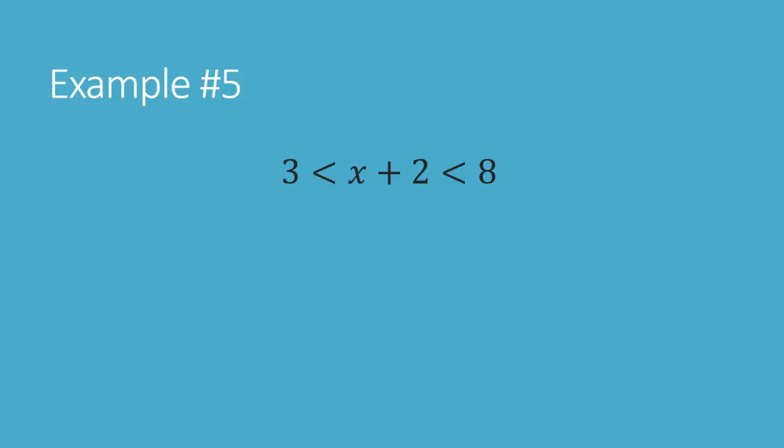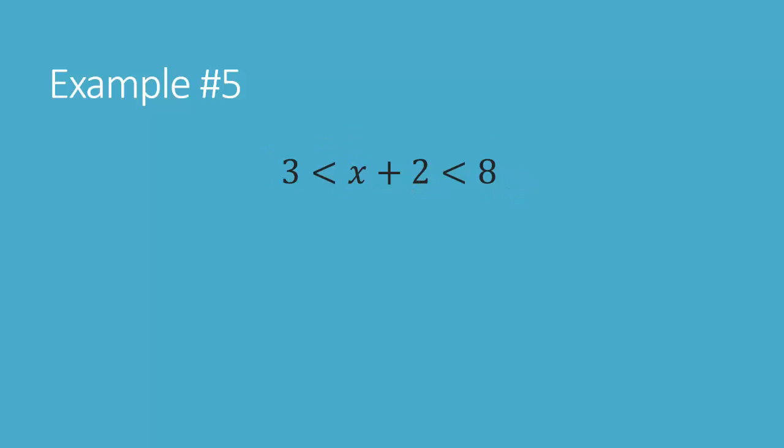We treat this as one: 3 is less than or equal to x plus 2. And then we also treat this one as a separate: x plus 2 is less than 8.